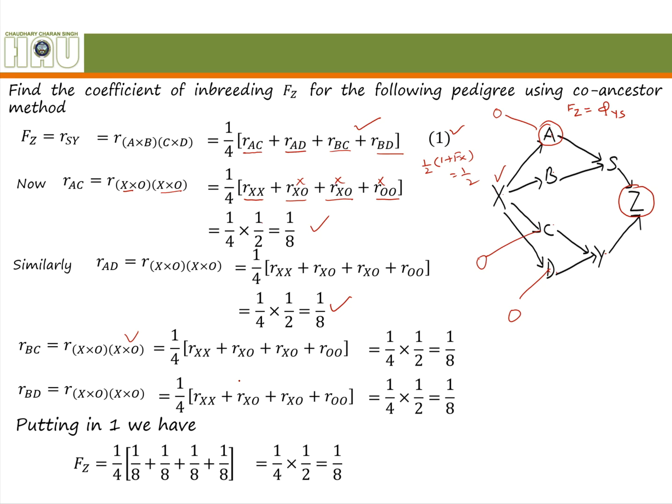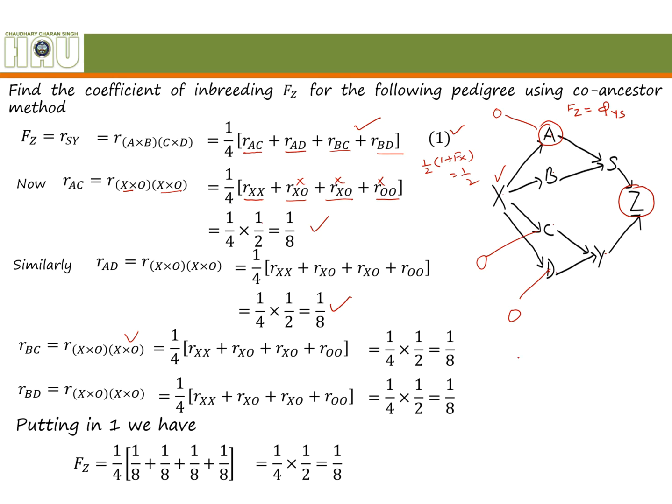So these are a few examples in which we have computed the coefficient of inbreeding using the co-ancestor method. It is quite simple and easy to operate, but you have to keep track of the parents properly.